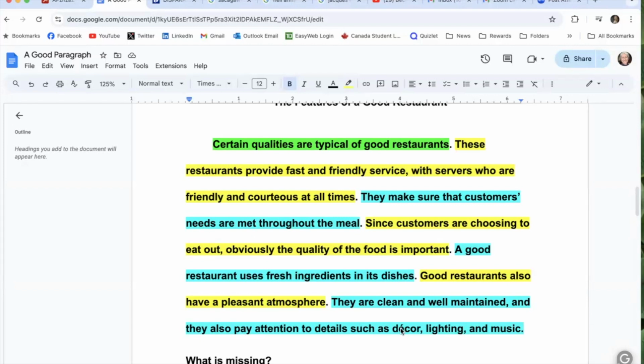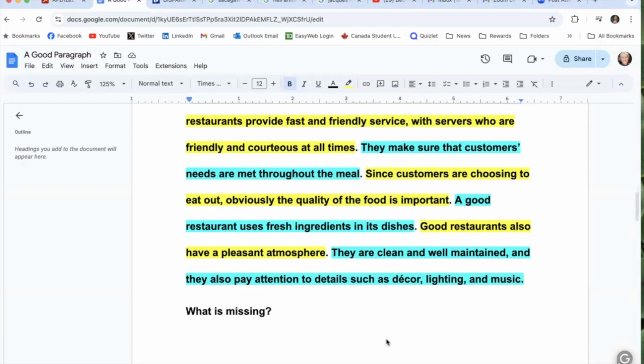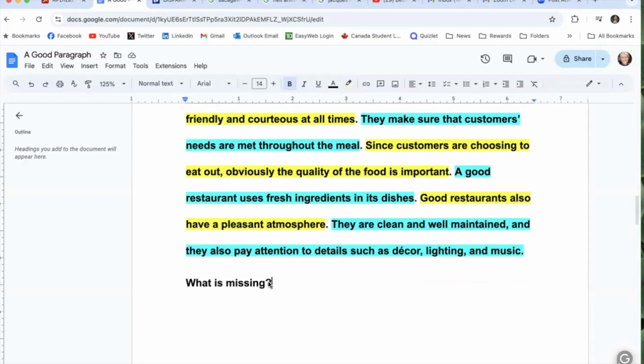Okay, that's a French word. You have an accent above the E, and that tells me, and now you know, that that is a French word. Okay, there is something missing from this paragraph. What is it? Oh, Sophie, yeah. The concluding sentence. Yeah, the concluding sentence. So why don't we do a concluding sentence?